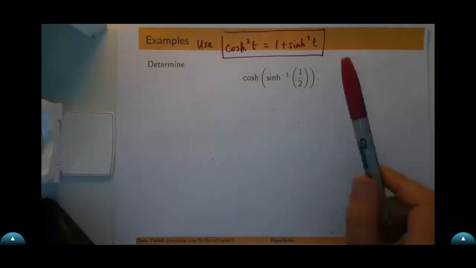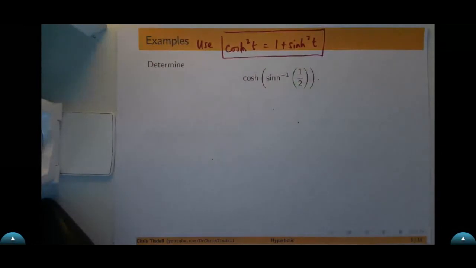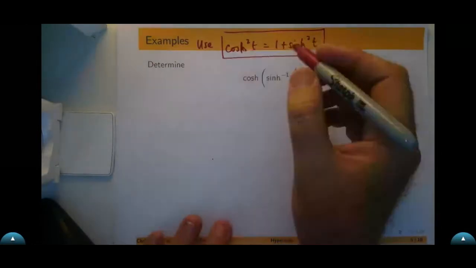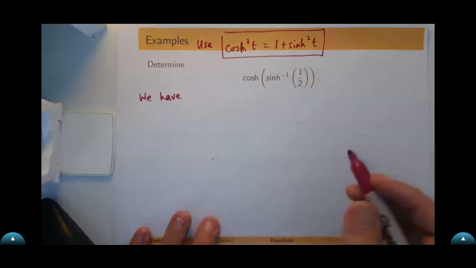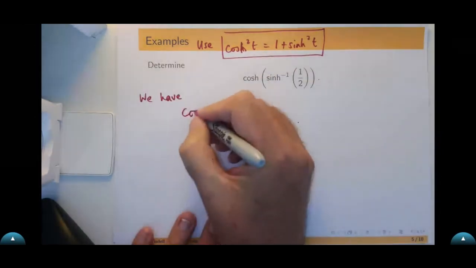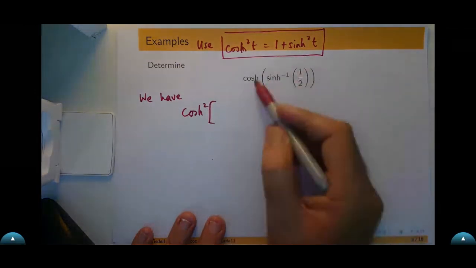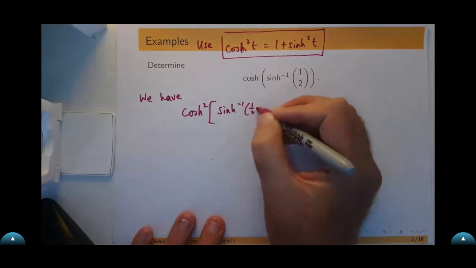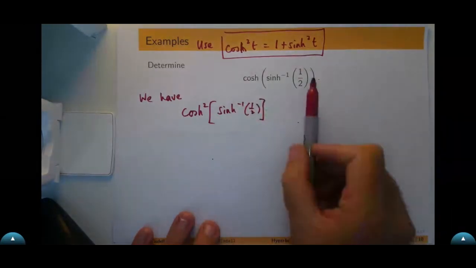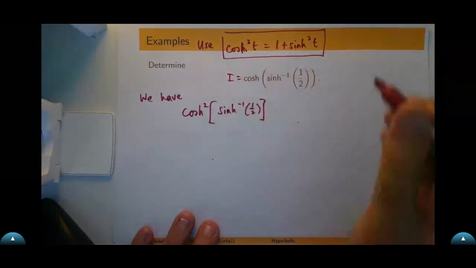Okay, so I'm going to let t be this thing in here. So let's make some notes. So cosh squared of all this, that's what we'll work out first, and then we'll take the square root to find the original answer.